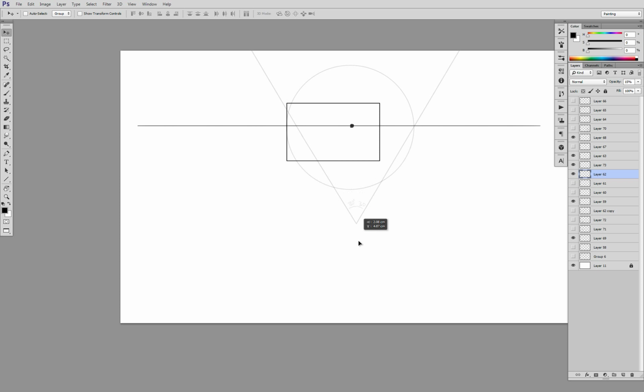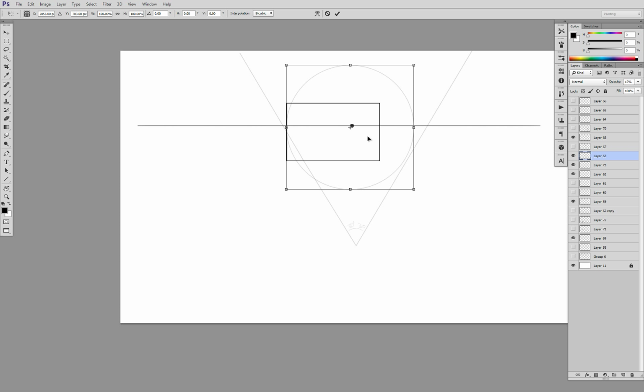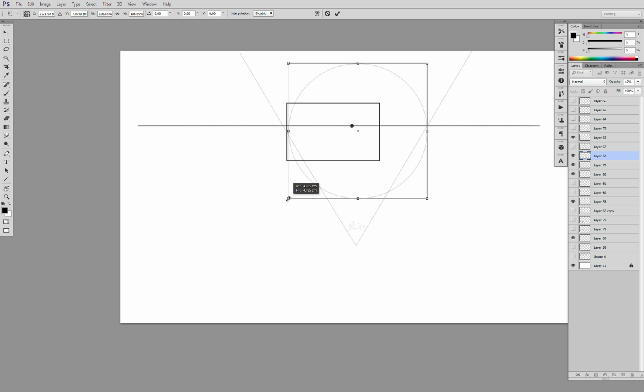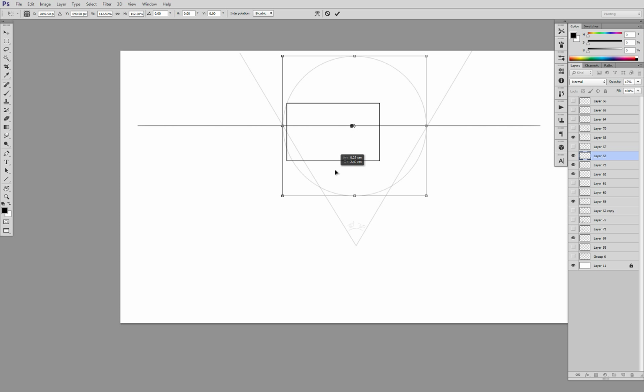So the cone of vision is linked to where you're looking on the page, and that should be fairly obvious. But basically, you can see this cone of vision relates to this.